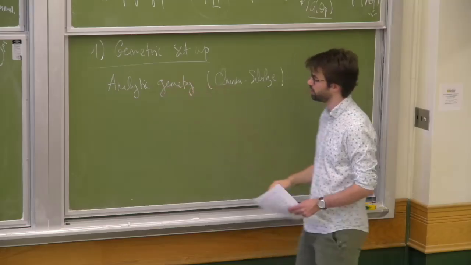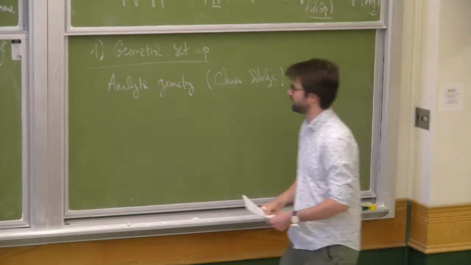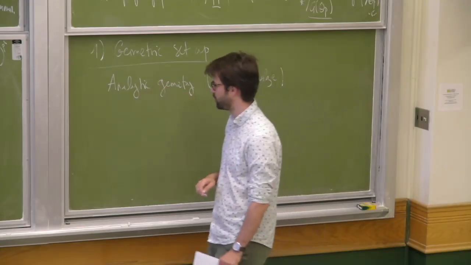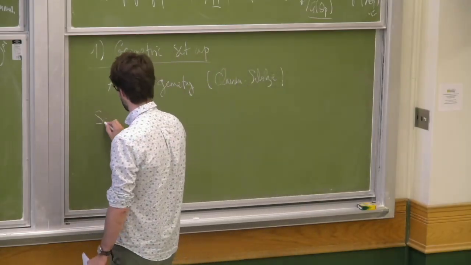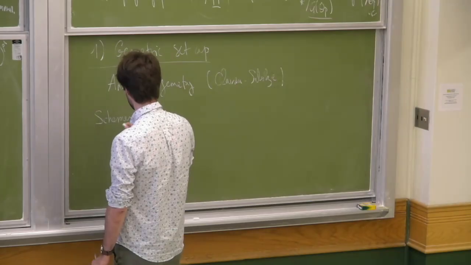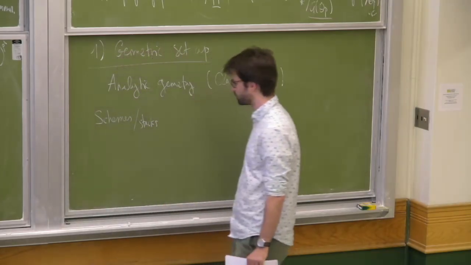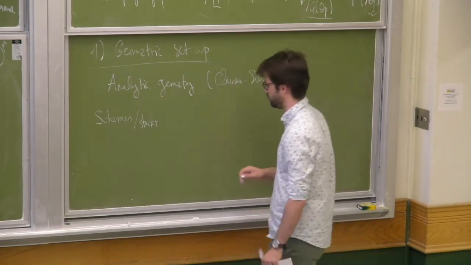For this, before explaining what the main objects in analytic geometry are, I should recall how you could classically get schemes or stacks, because then we would imitate the process.